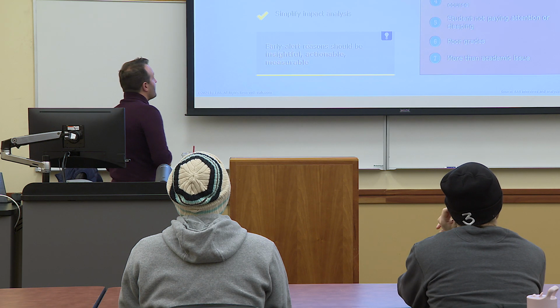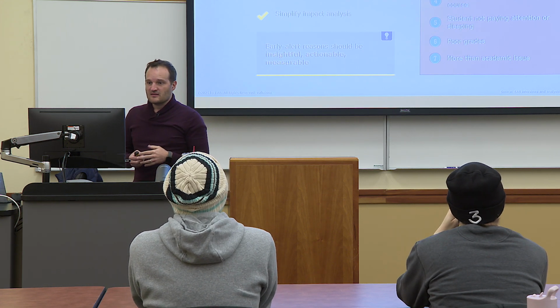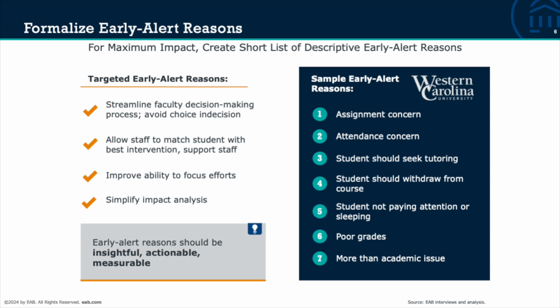If we think about the collection portion of the ACT, one of the things we always talk about with our partners is having very targeted, focused, and concise alert reasons, because they need to be actionable, insightful, and measurable, right?